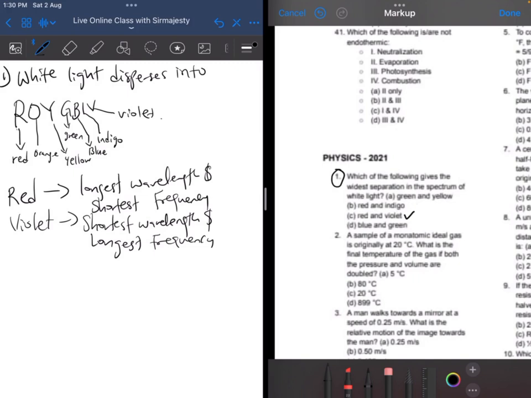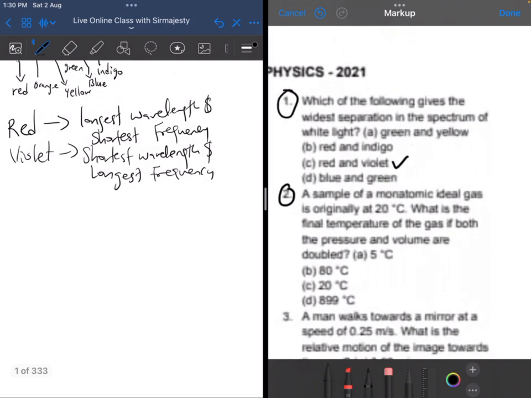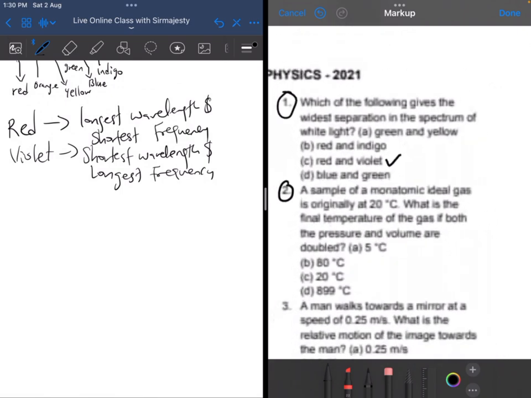We're going over to number 2. A sample of monoatomic ideal gas is originally at 20 degrees Celsius. So initial temperature, we'll be taking down all our parameters. Initial temperature T1 is 20 degrees Celsius.